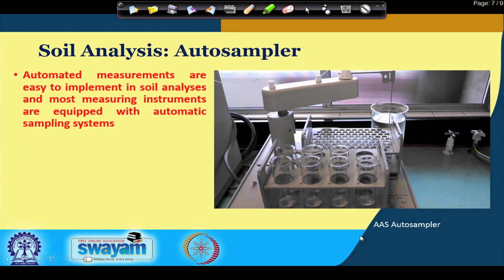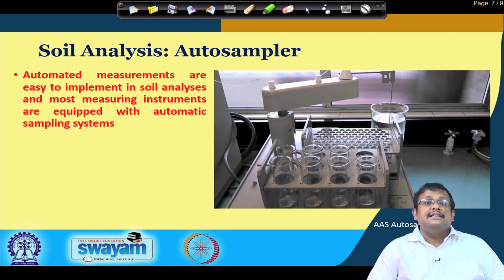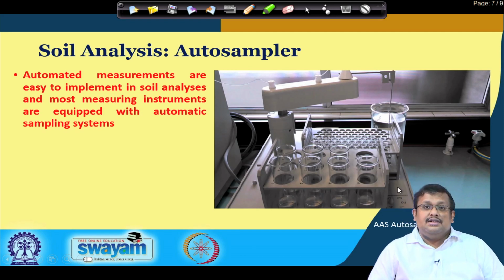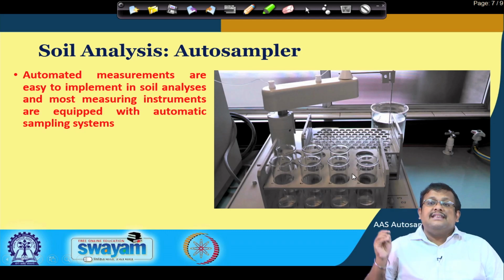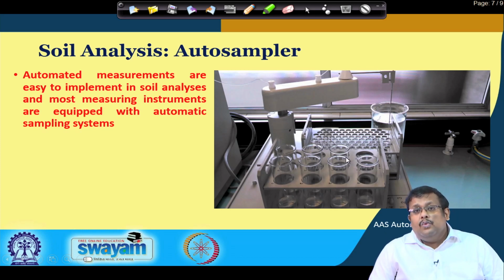Now, apart from these instruments, there is an attachment called an auto sampler. This auto sampler is basically an attachment for automated measurements. Automated measurements are easy to implement in soil analysis nowadays, and most measuring instruments are equipped with an automatic sampling system. As you can see here, it is an auto sampler of an atomic absorption spectrophotometer. These instruments can automate the sample analysis without substantial human intervention.